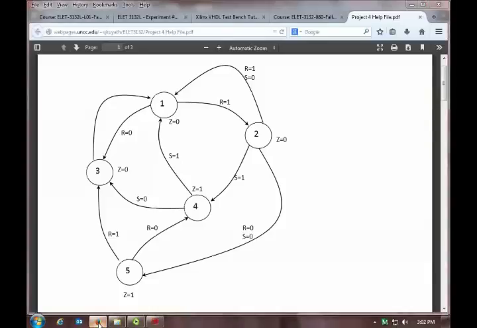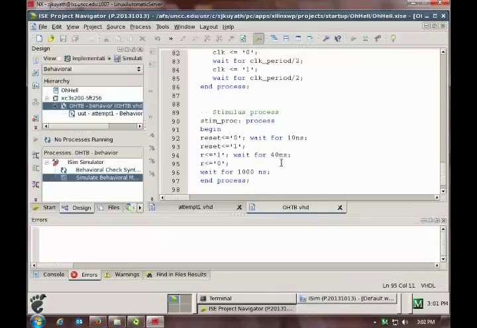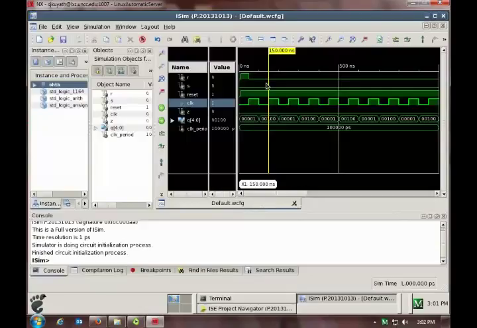Oops. 140 nanoseconds. And then let it stay low for the rest of that time. Okay, so let's see where that takes us.